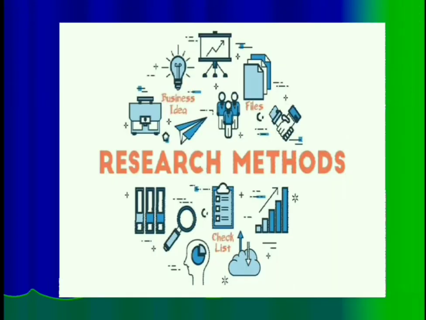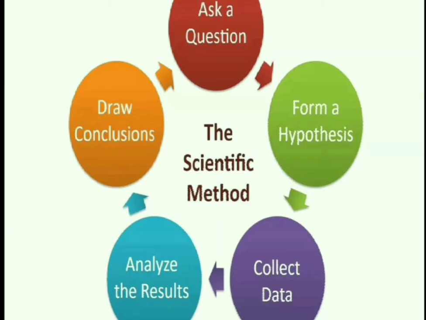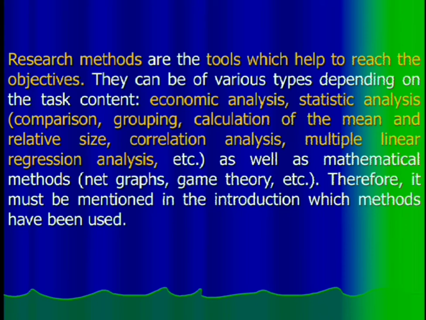When we speak about research methods, there are a lot of them. For example, the scientific methods can be drawing conclusions, asking a question, forming a hypothesis, collecting data, analyzing the results, and so on. All of them are called scientific methods. Research methods are the tools which help to reach the objectives. They can be of various types depending on the task and content.